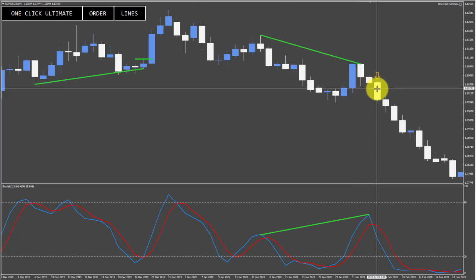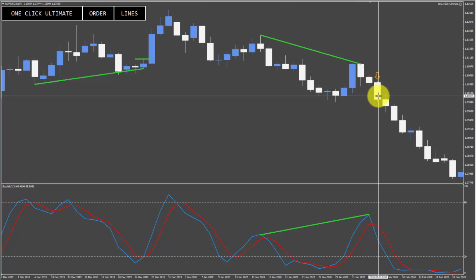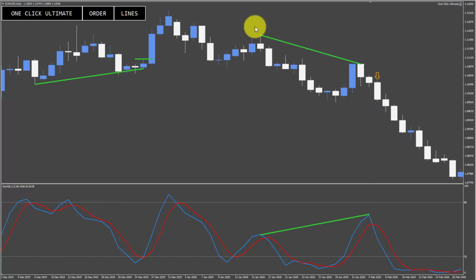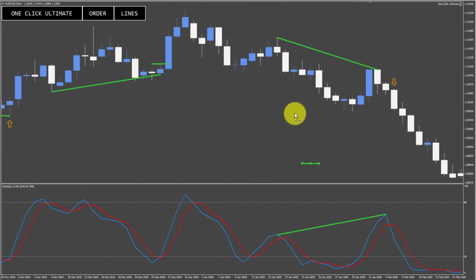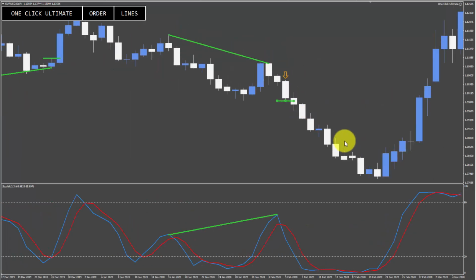It's only the close of this candle that we get the real sentiment shift to the downside, and that's where you're going to be selling underneath the low of this candle. And from there you can tell pretty obviously, it doesn't really matter where your stop loss was there, you got the comfortable 1-to-1.